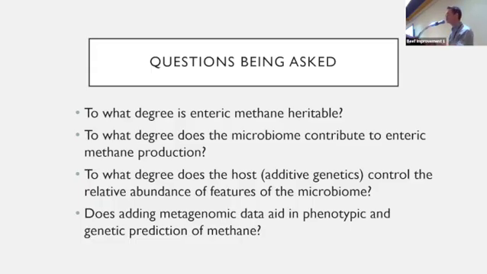To what degree does the host, so additive genetics, control the relative abundance of features of the microbiome? So if we review those first three questions: how heritable is methane? How much does the microbiome control enteric methane? And then how heritable is the microbiome itself? Leading to the last question, does adding metagenomic data aid in both phenotypic and genetic prediction of enteric methane?